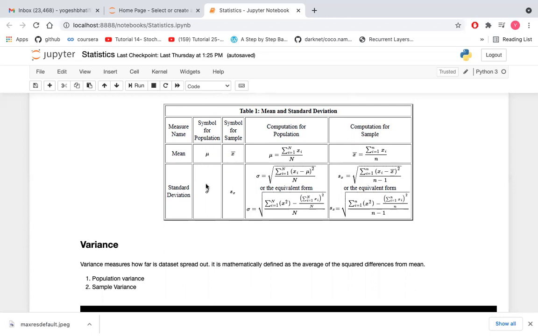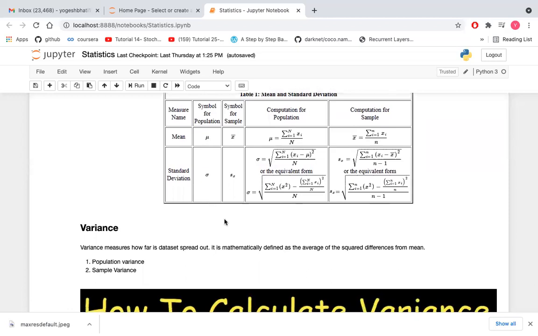Sigma square is the sum of (x minus mu) whole square divided by n, and s square is the sum of (x minus x bar) whole square divided by n minus 1. So this is how we calculate the variance.